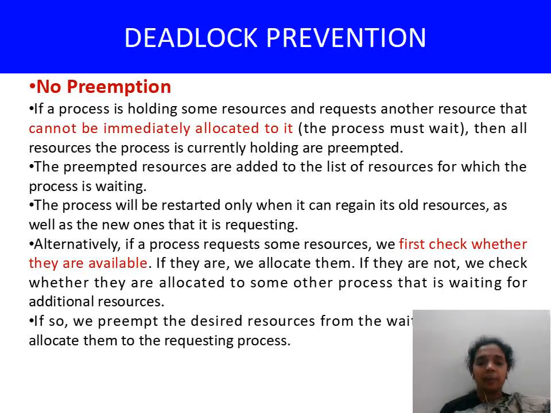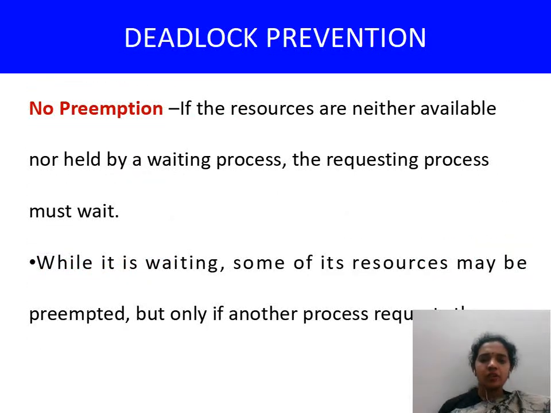In another approach, when a resource is requested and not available, the system looks to see what other processes currently have those resources and are themselves blocked waiting for other resources. If such a process is found, then some of their resources may get preempted and added to the list of resources for which the process is waiting.